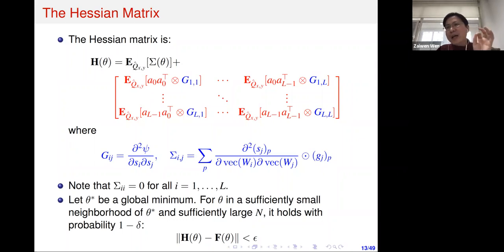If you take a look at the loss function, essentially it's a generalized nonlinear least squares problem. So we know that the Hessian has two parts: one is a Gauss-Newton matrix, and the other is the Hessian of the nonlinear functions. Similarly, we have the same structures. This part corresponds to the Gauss-Newton matrix.